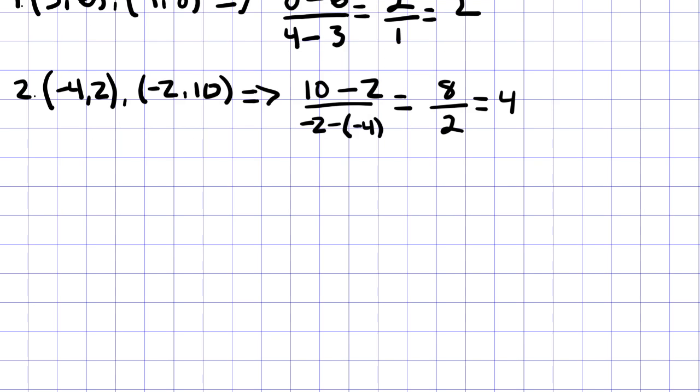One more set of points here, and then we'll get to finding the equations of the lines and graphing them. So number 3, we'll do 4, 3 and minus 1, 11.